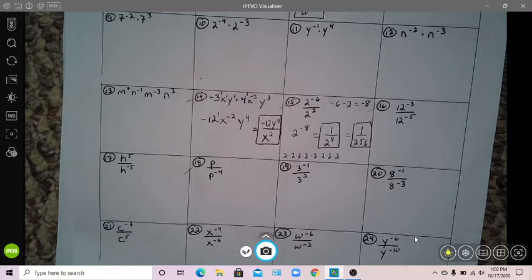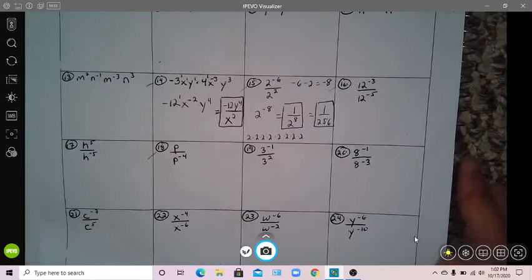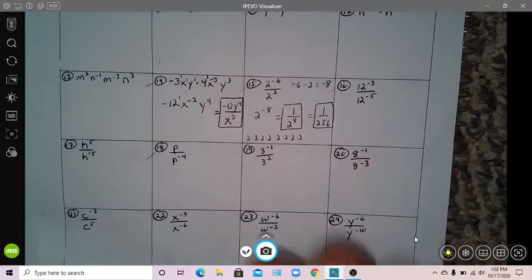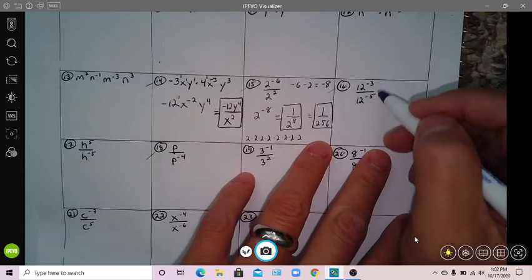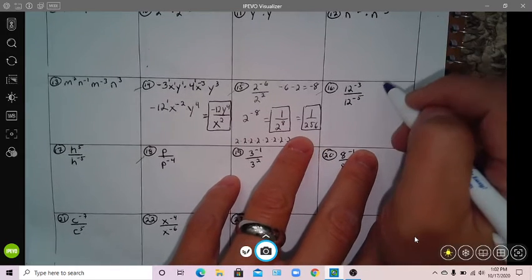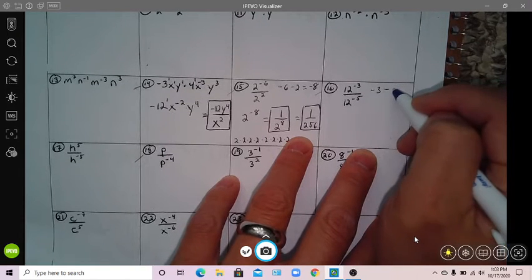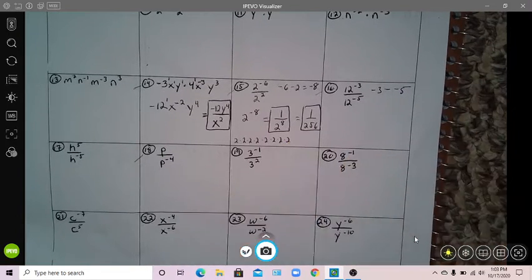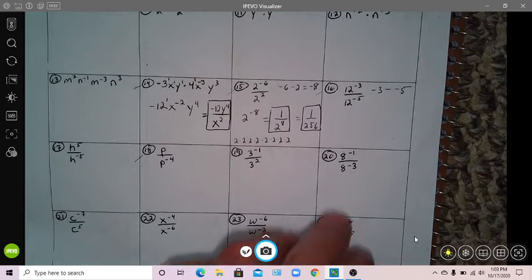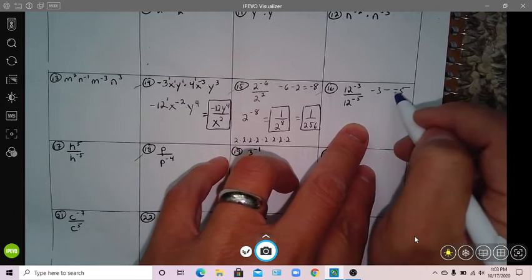Let's go ahead and do number 16. The bases are the same, and we're dividing, so we have to subtract. We have a negative 3 minus, not just a 5, but minus a negative 5. If you remember, minus a negative is the same thing as a plus.